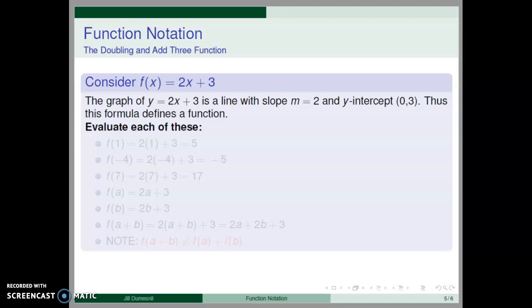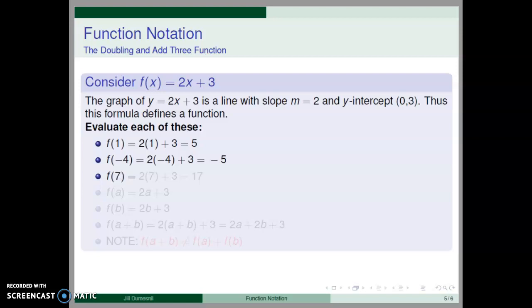Now we want to evaluate a variety of function values. To evaluate f of 1, we double 1 and add 3, yielding 5. To evaluate f of negative 4, we double negative 4 and add 3 to produce negative 5.